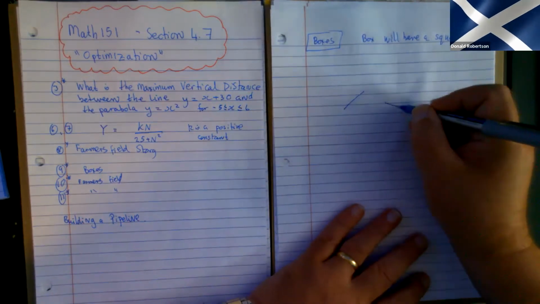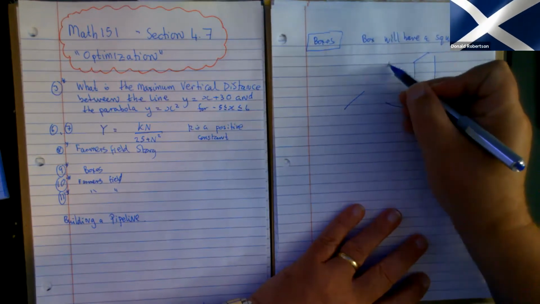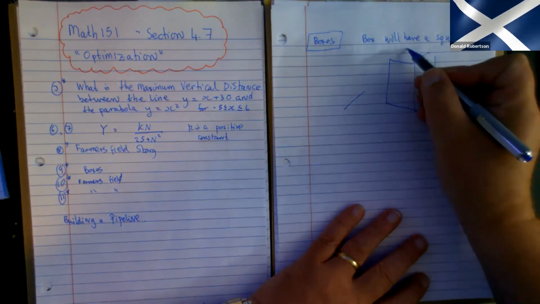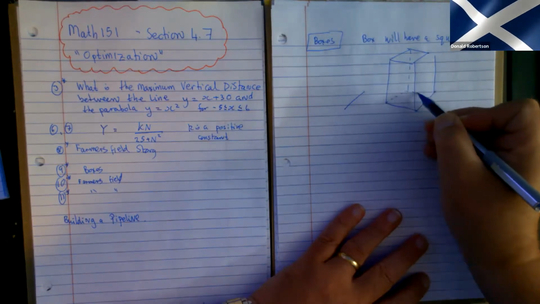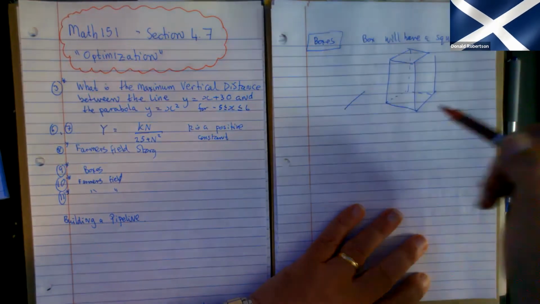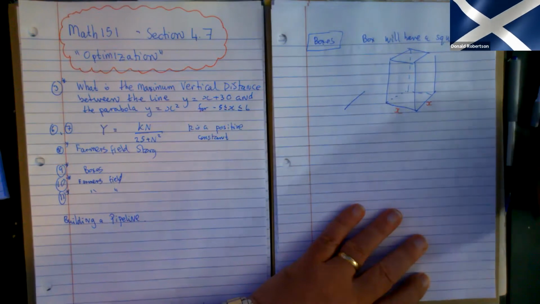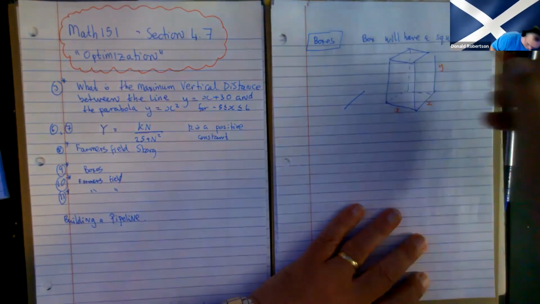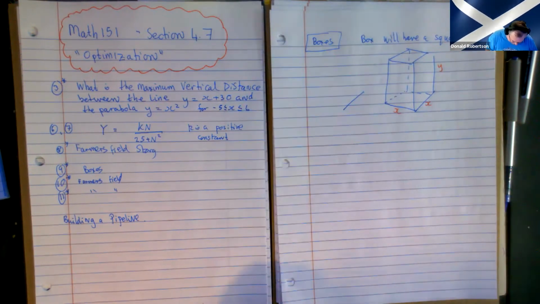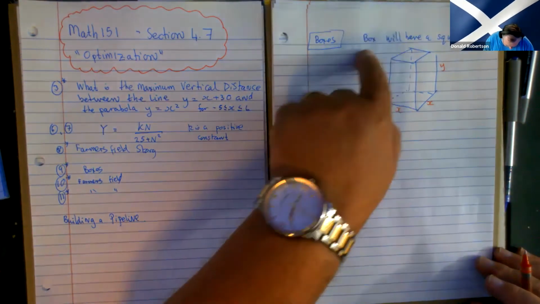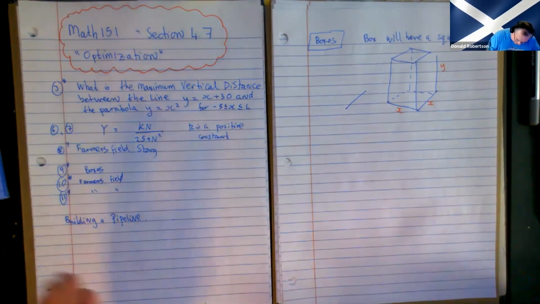I'll do it over here. There's my box. Since my box has a square base, X times X, and it'll have a height, Y. So this is a box where all 6 sides are present. That's the first kind of box question. And I'm going to give you something to minimize or maximize.